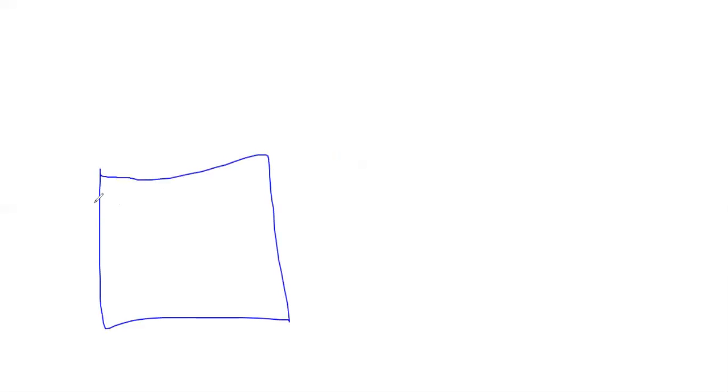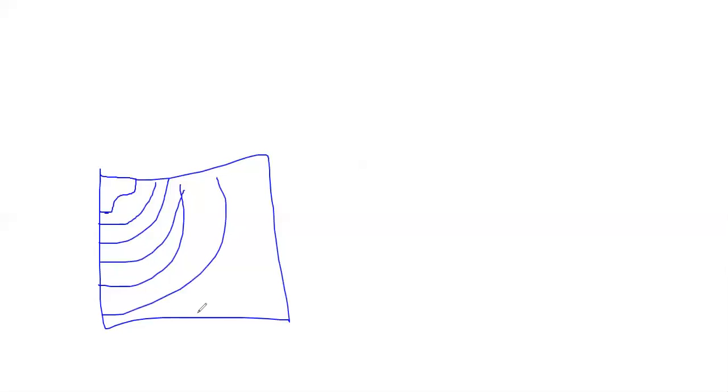So you'd see it like this. Yeah, you see it going like this. And then the contour lines will become smaller and smaller, going from higher heights to lower heights.